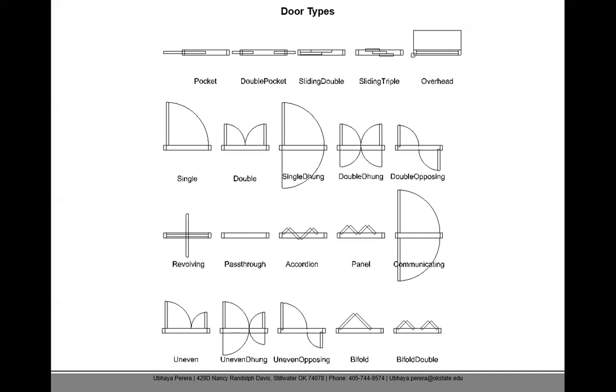I think you all know how to do that. Sometimes you draw the arc, or sometimes you do a straight line. And if you have it like this, that means it's a revolving window. It can open both sides.